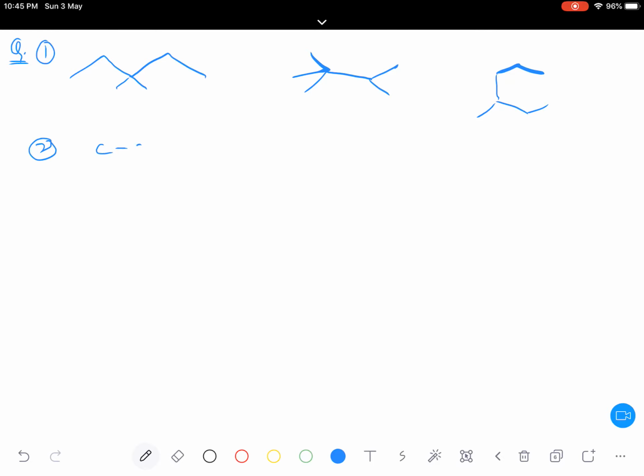Second one, C bond, C bond, C, COOH, C bond, C bond, C, COOH. You have to figure out whether these two are chain isomers or not. Then third one, CCC, CHO, CCC, CHO.